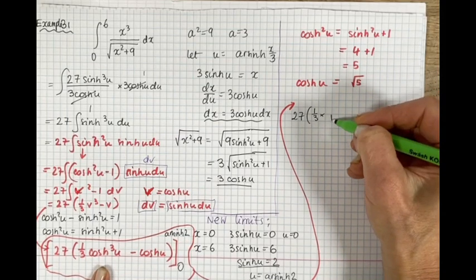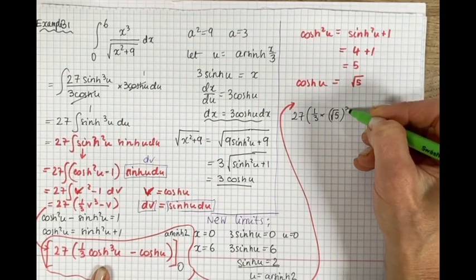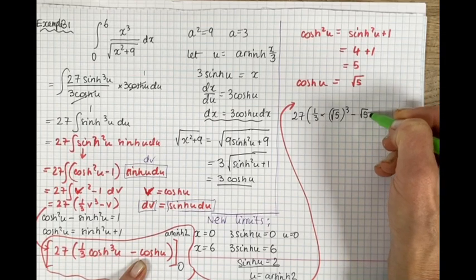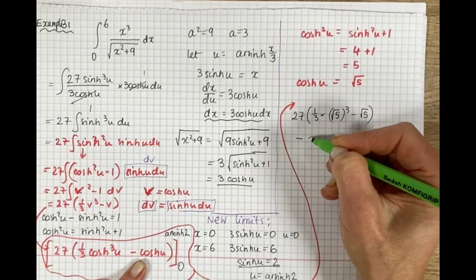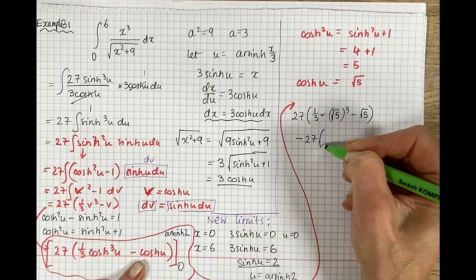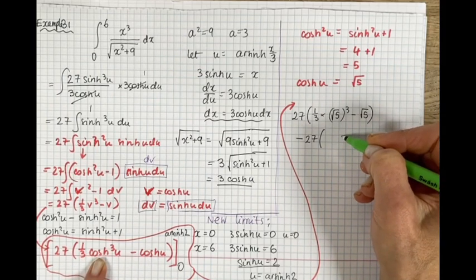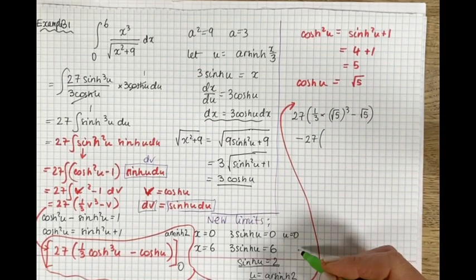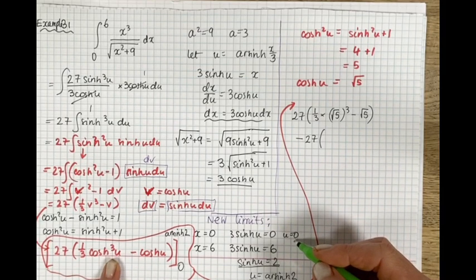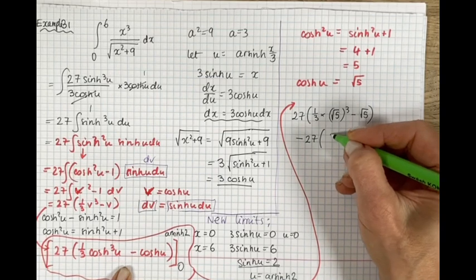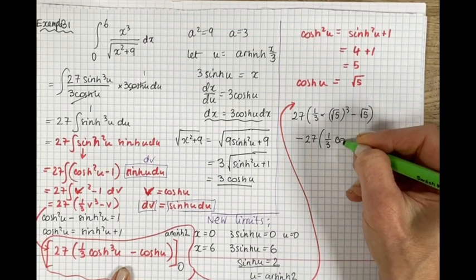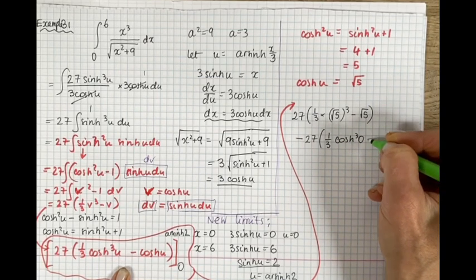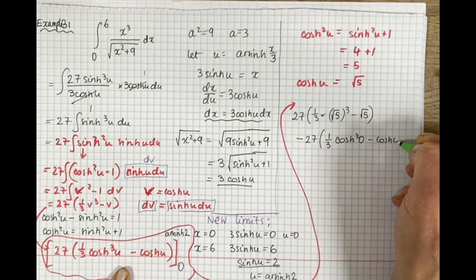So it's going to be root 5 cubed minus root 5, minus 27, and the cosh u, oh, I didn't do that. So u is equal to 0, so cosh 0. Let's just write it like this: a third of cosh cubed 0 minus cosh 0.